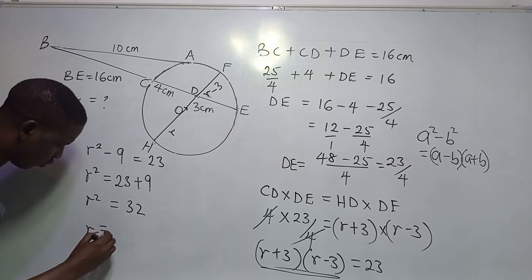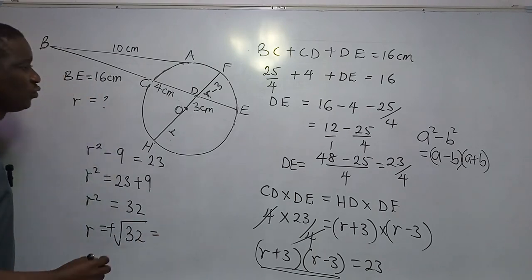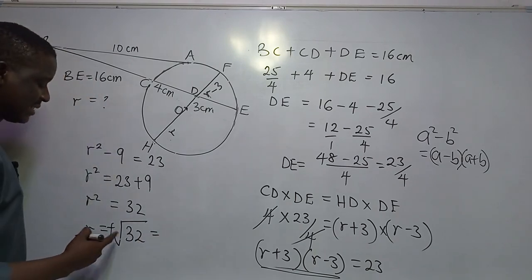So R will now be equal to the square root of plus or minus 32. 16 times 2 is 32.